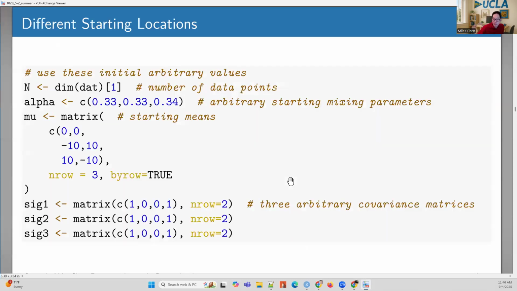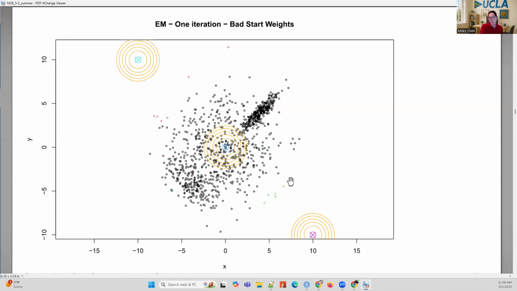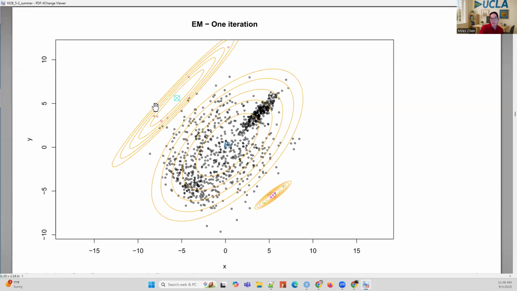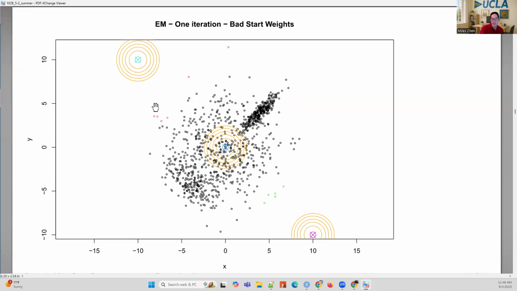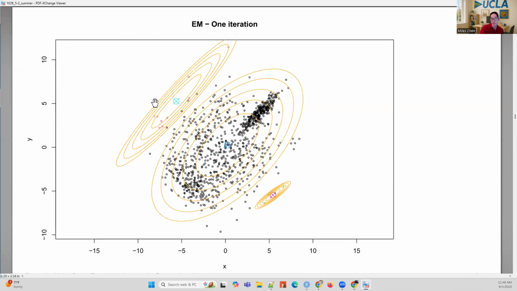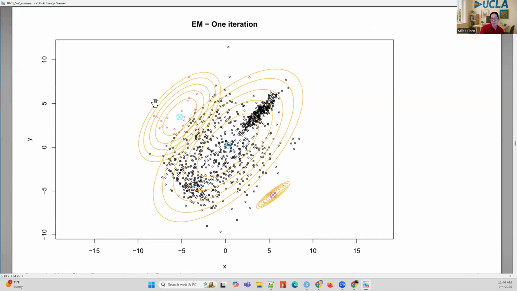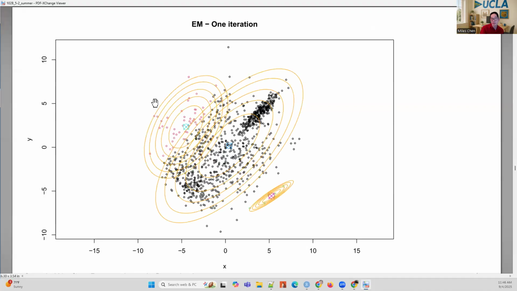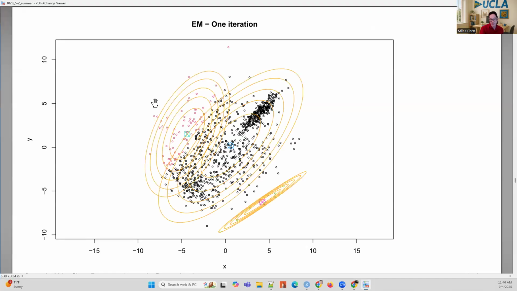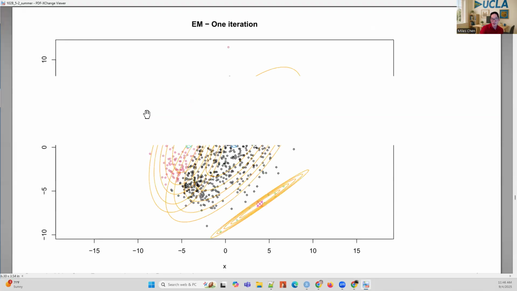You can try it out with different starting locations. All right. And so here I said, what if I start off with these different starting locations? After one iteration, these ones got colored green and these ones got colored red. After one iteration, this is what we have. And then we let it run and it kind of struggles.